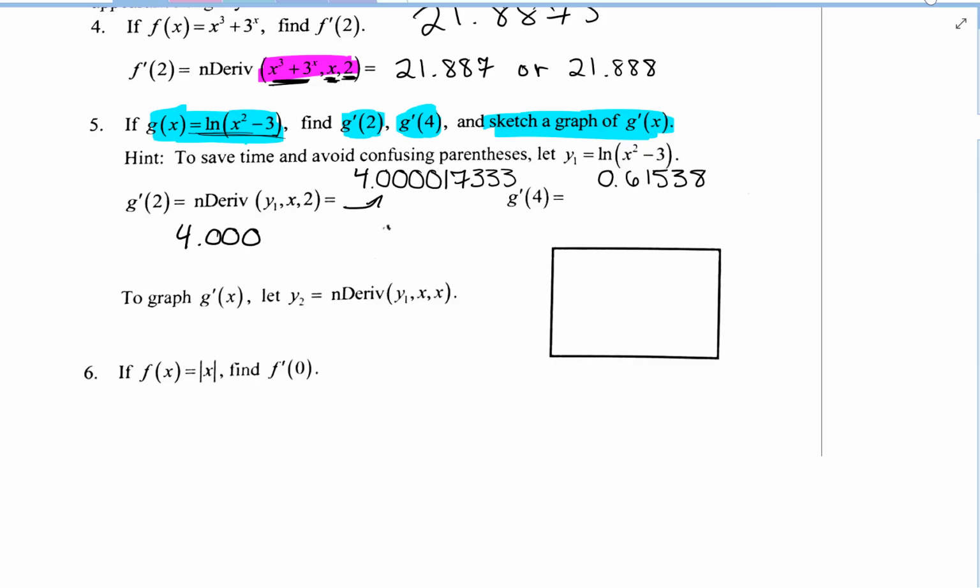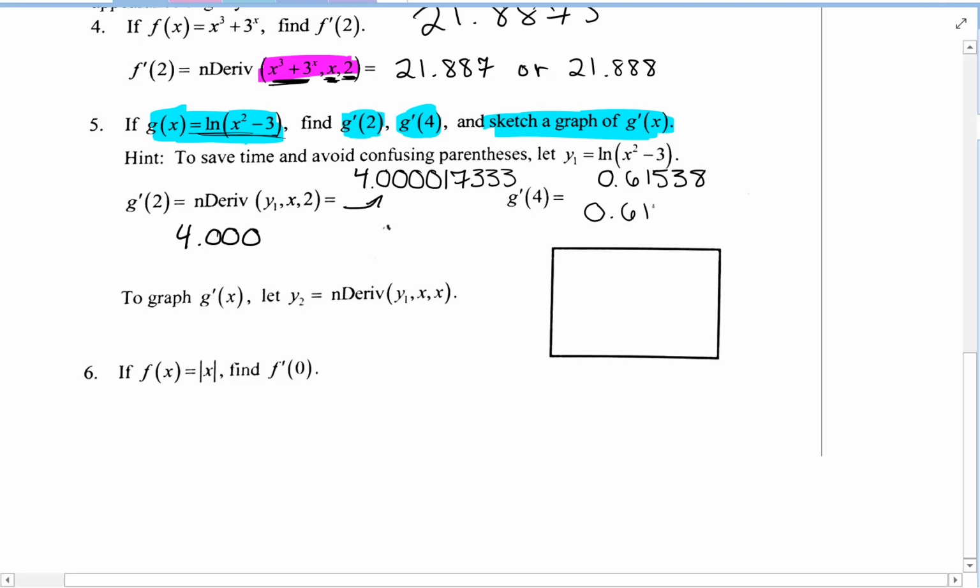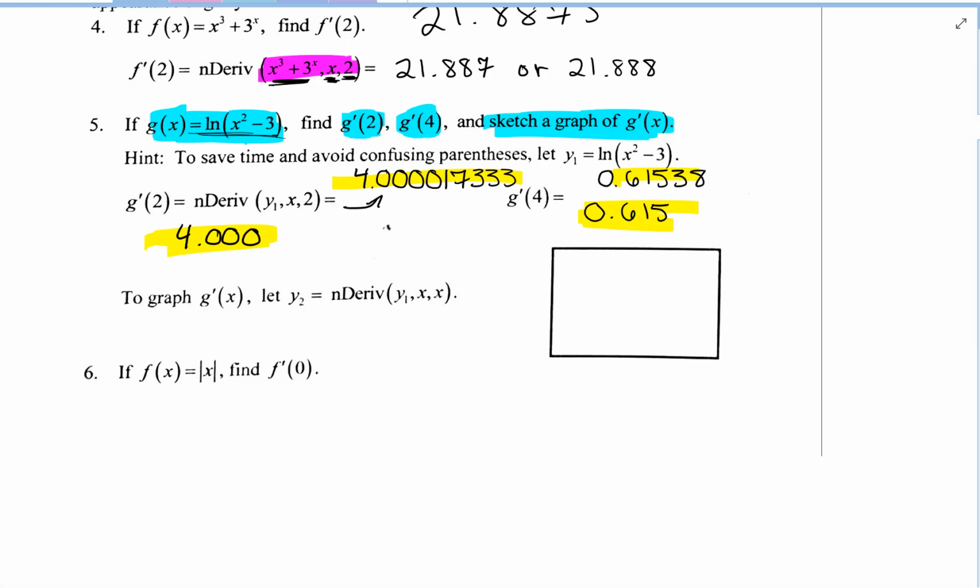I already cut off some of the decimal points from the calculator. Or 0.615, and that is rounded and truncated. That's the same. Okay, so these would be acceptable answers, but so would these. Okay, so either one.